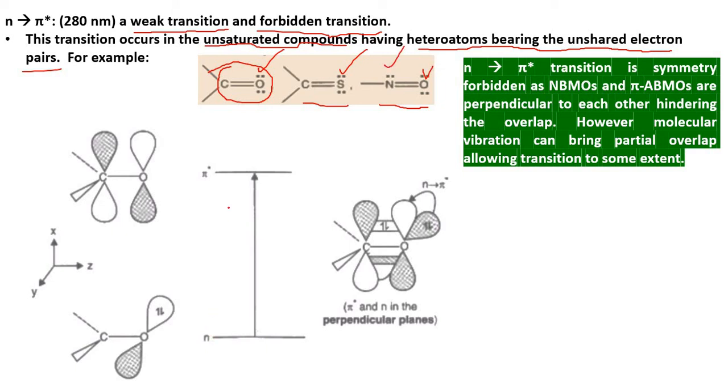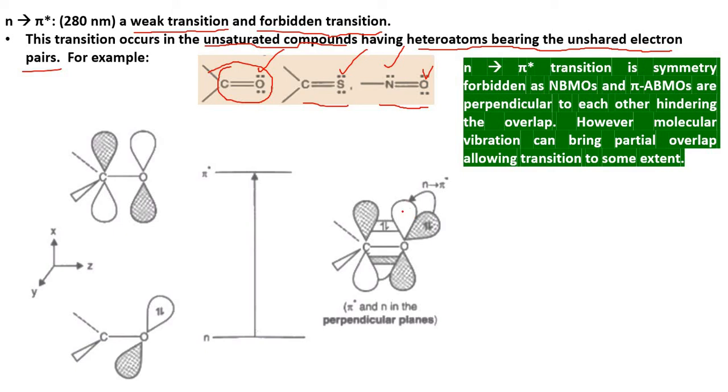In the case of N to pi star transition, there is a problem. What kind of problem is it? The symmetry of the bonding and non-bonding molecular orbital, and the antibonding and non-bonding molecular orbital, is not the same. Actually, these are perpendicular to each other.